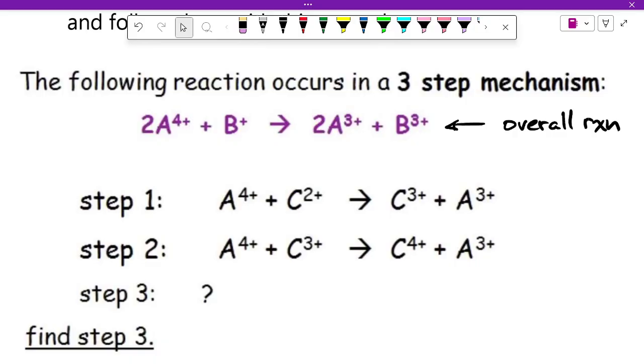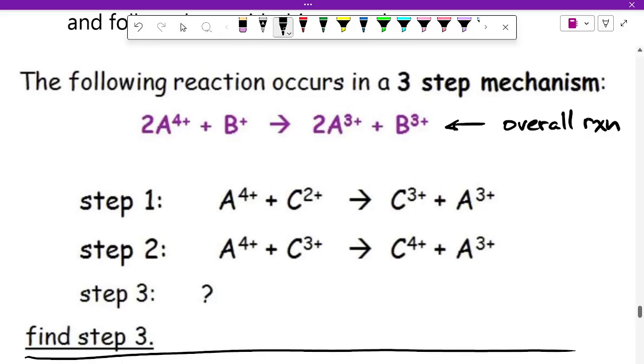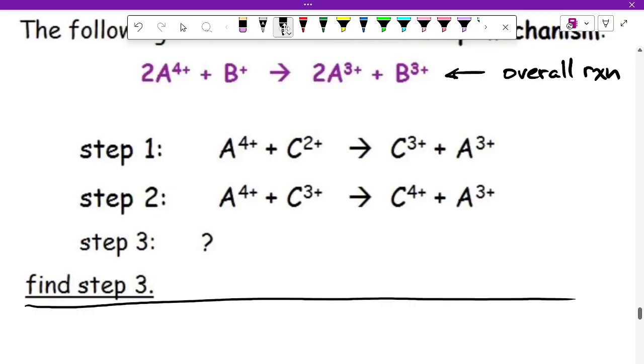And usually when I add things up, I like my total to be at the bottom. But you will often be given the total at the top because, like, here's the reaction, here's some steps, what do you get? So one of the first things you do when you're finding the missing step is you put your overall reaction at the bottom.